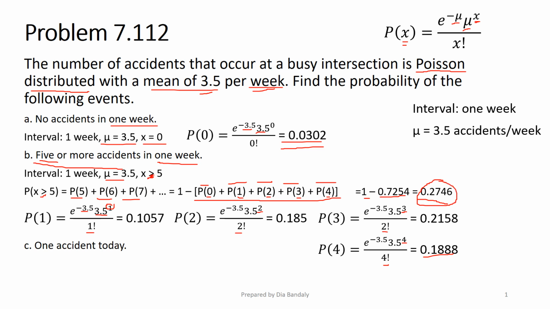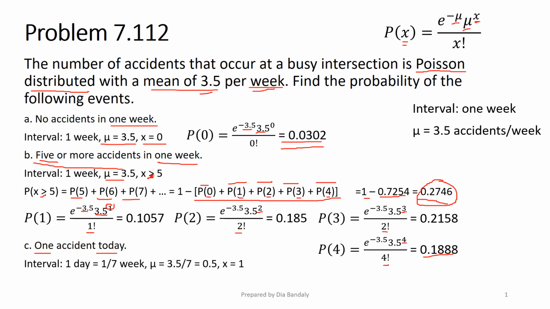All right. Now the last one can be a little bit tricky. 1 accident today. What does it mean today? Remember in the previous two questions, or even the given, we were referring to 1 week, where the mean was given per week. Now the question is today, so the interval changed from a week to 1 day, which is today, one day only.